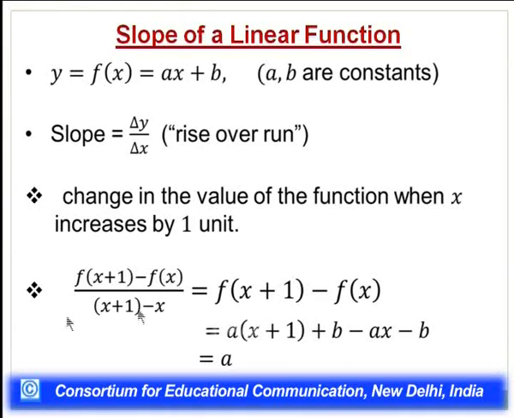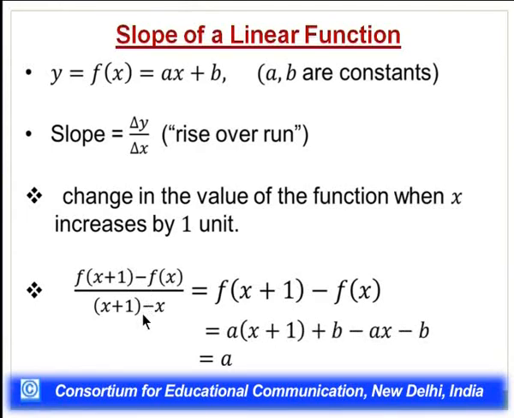So, let us suppose the change in x is when x changes by 1 unit. In the denominator, the change in x would be x plus 1 minus x, and in the numerator we want to look at the change in the value of the function when x increases by 1 unit. That change would be f of x plus 1 minus f of x.